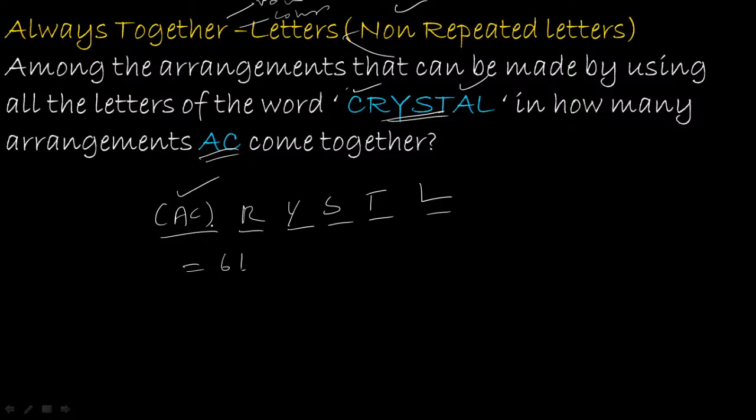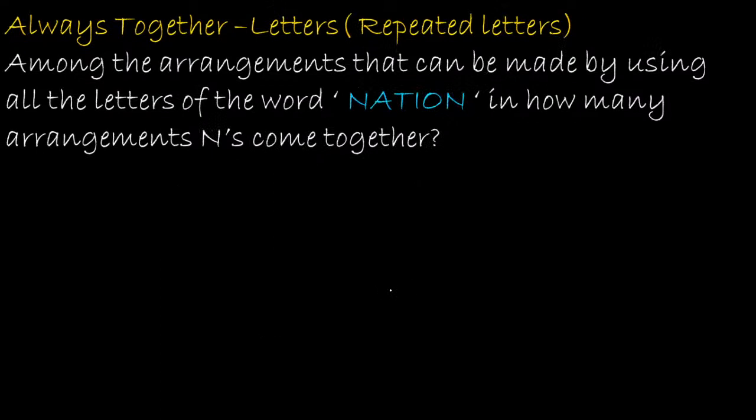And look at the clubbing, that is, here we have to take AC as one letter. So the 2 letters can be arranged among themselves in 2 factorial ways, that is AC and CA. So the required number of arrangements is 6 factorial product 2 factorial, isn't it? That is 1440 ways. So next we move on to repeated letters in the case of group of words.